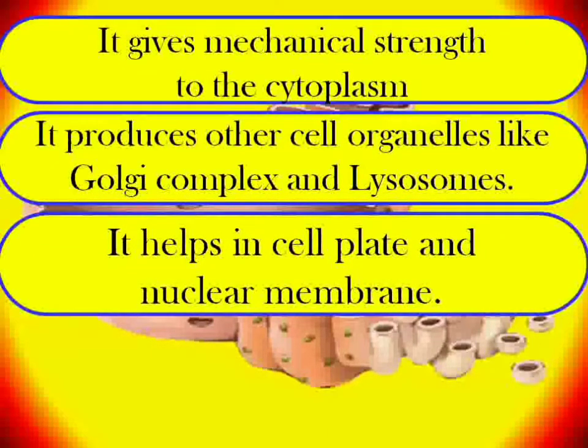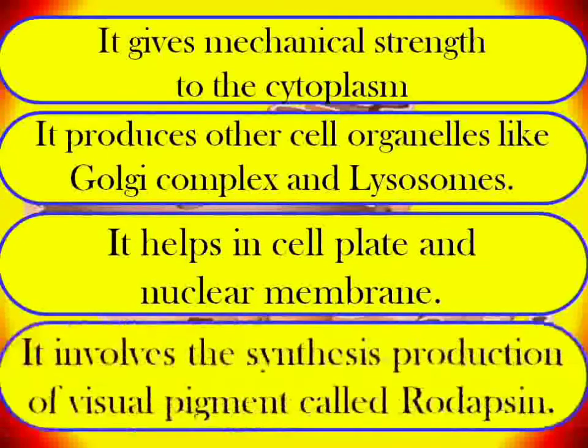So during cell division, for the formation of the cell plate and for the formation of the nuclear envelope around the new nuclei, the endoplasmic reticulum helps. And finally, it helps in the synthesis of the visual pigment called rhodopsin. So these are the functions of endoplasmic reticulum.